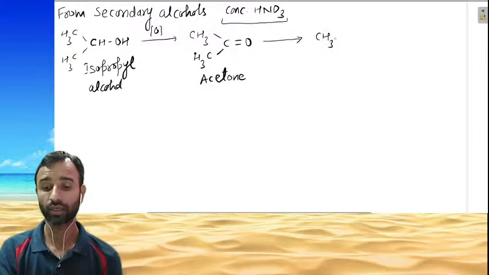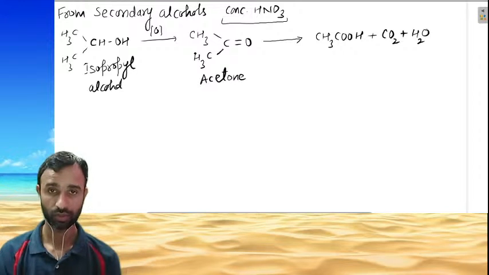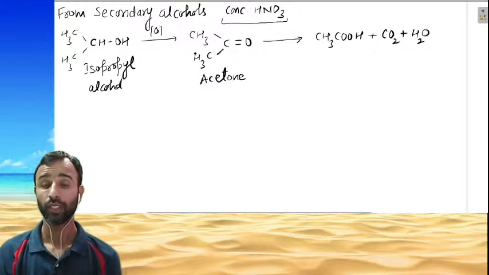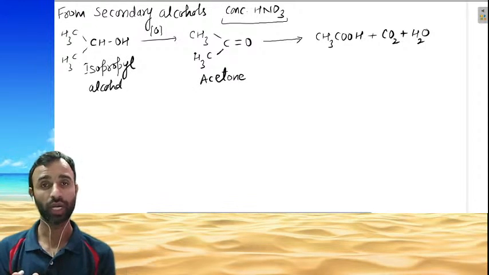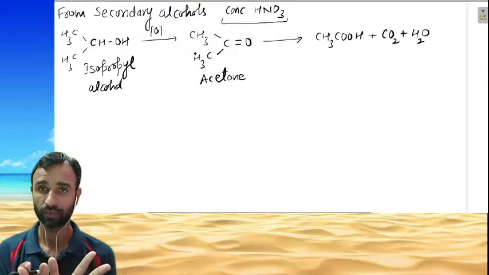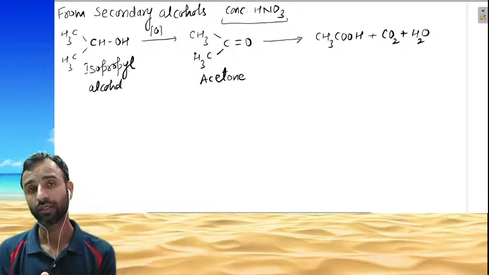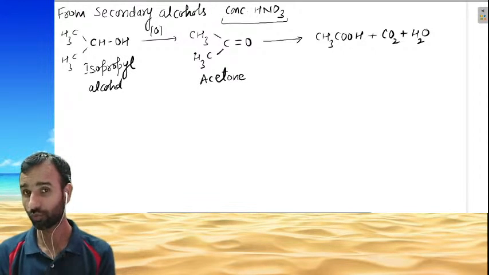So we get carboxylic acid with fewer carbon atoms. In primary alcohol, first we convert it into aldehyde and aldehyde into carboxylic acid, with the same number of carbons. Here with secondary alcohol, first we get ketone with the same number of carbons.